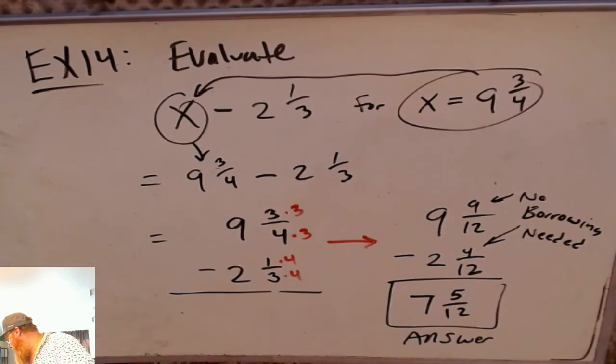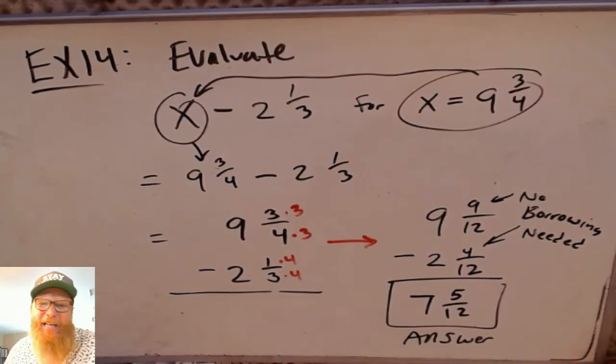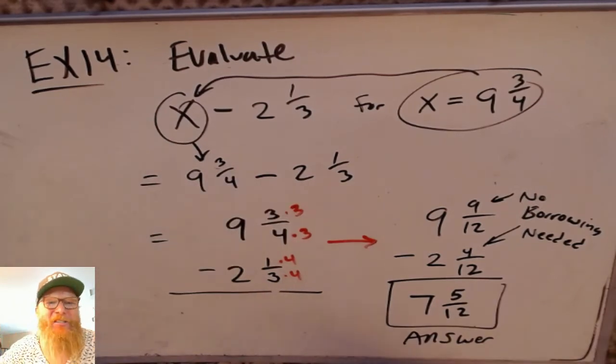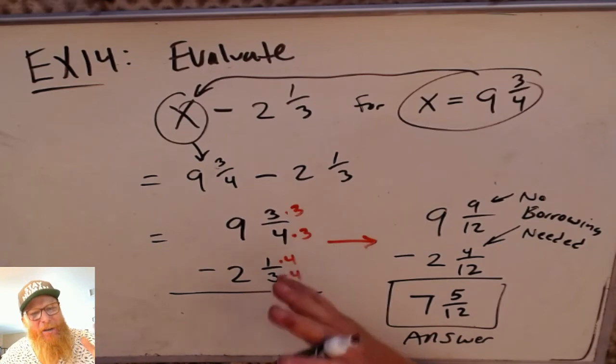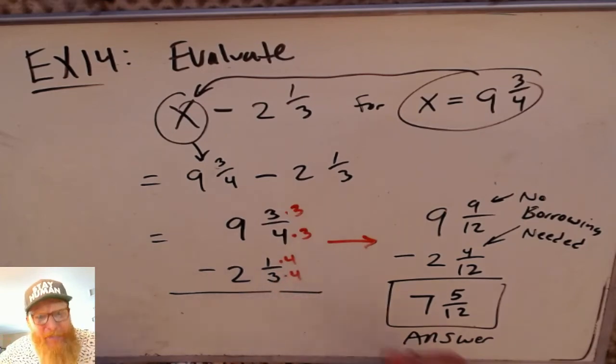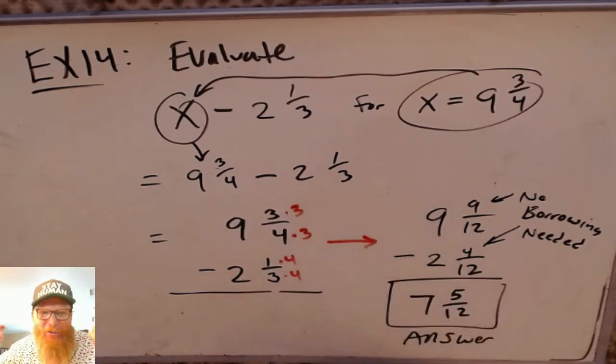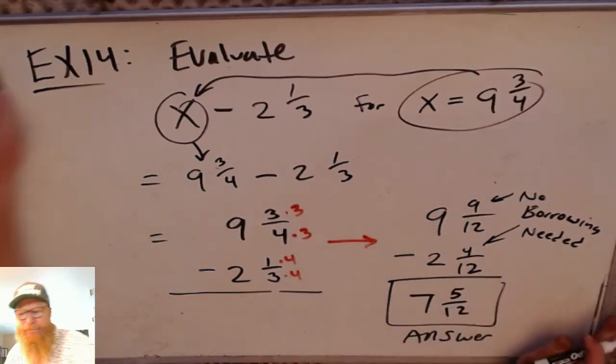All right, let's do some negatives now. I saved the negatives for the end. When we get into algebra, the telltale sign of a good algebra lesson or a good problem, I guess you could call it, would be variables and negative numbers. Those are the two telltale signs that we're really getting into the deep end here.